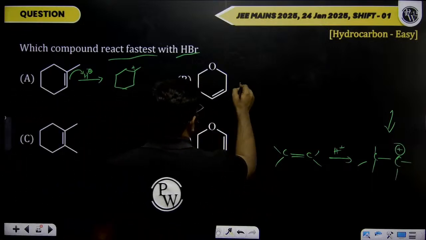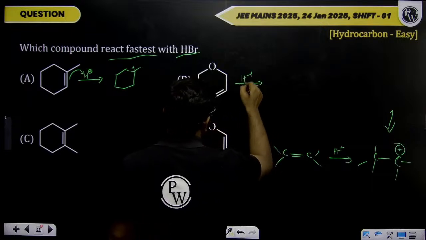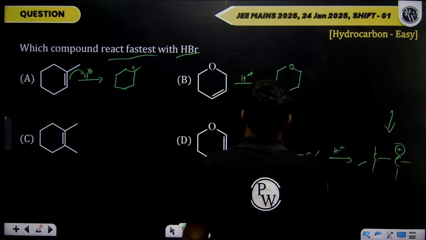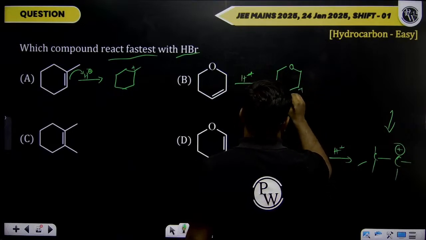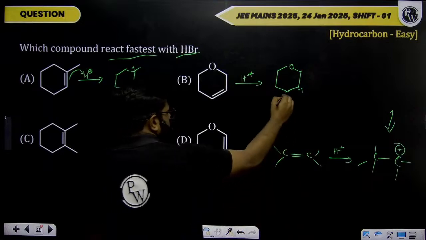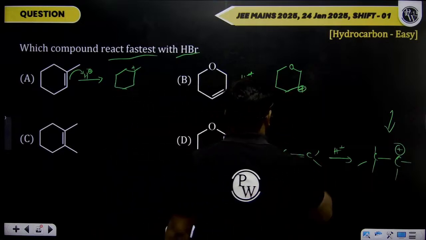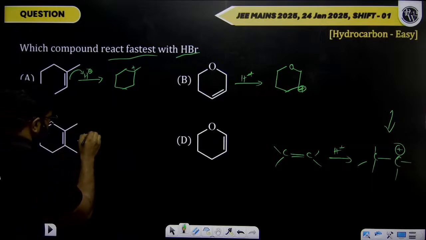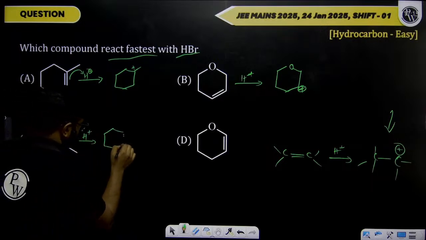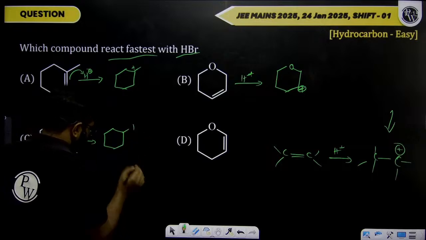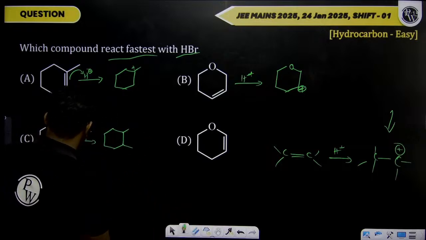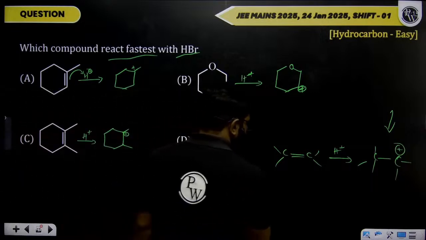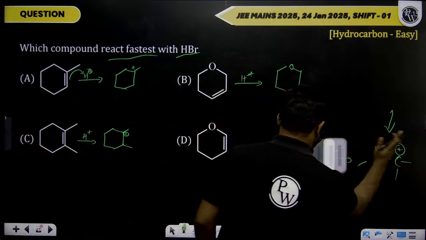Now here also if I give H plus, what will be the carbocation formed? Say here this is the carbocation, positive charge, okay. So this carbocation will be formed.